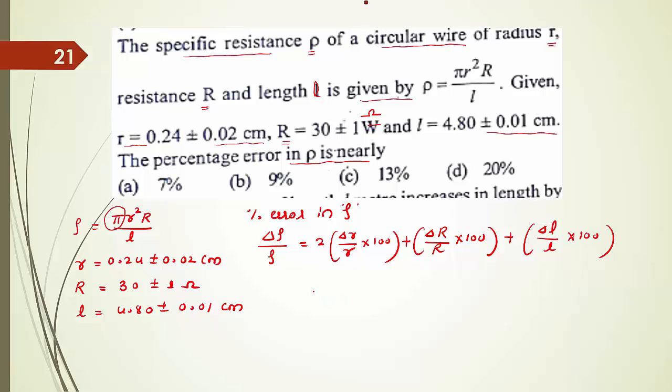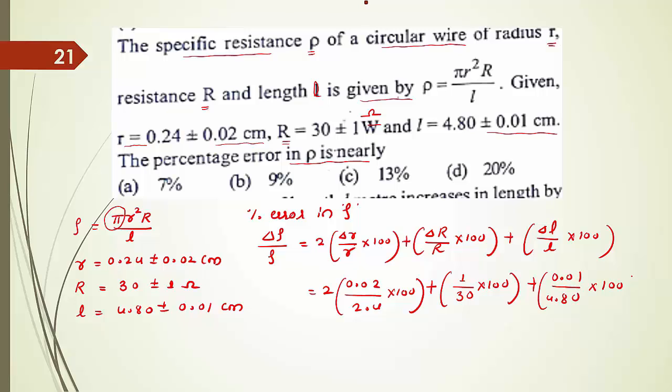Now substitute all the values. 2 keep as it is. Delta r is how much? Given 0.02 divided by r value 2.4 into 100, plus delta R over R, that is 1 over 30 into 100, plus delta L over L, that is 0.01 over 4.80 into 100.